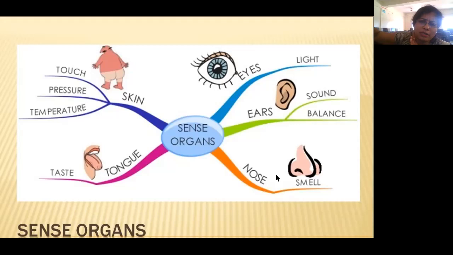If you hear some sound which is slower, you can make out that it is coming from somewhere far, and even the direction, whether it is coming from the right side, left side, front or back. Yes, so your ear is able to check all those kinds of things.